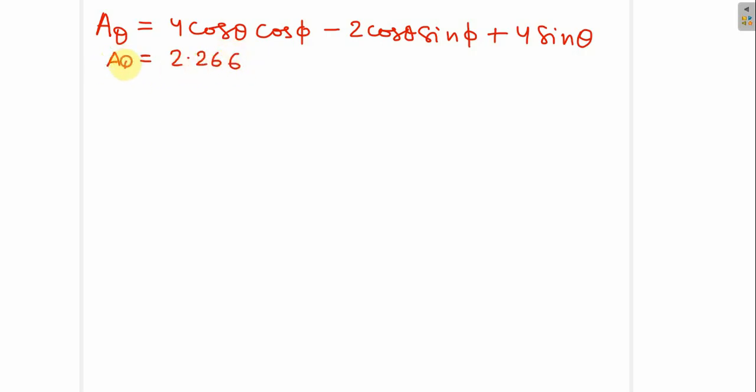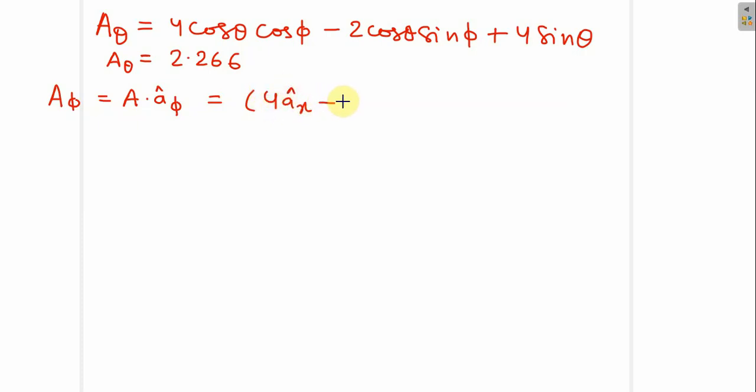So that is your A theta. A theta we have got, and now similarly we will go for phi. So A phi will be the A vector dot the unit vector along phi.